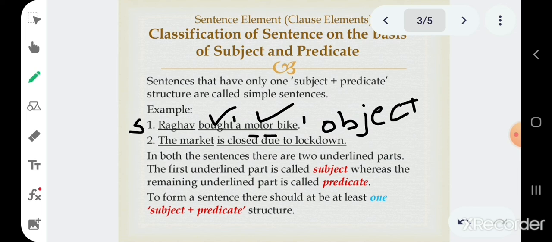Subject, verb, object. The combination of such sentence elements is called a sentence, and the subject and the remaining portion is called the predicate. This is the structure. A simple thing. It's not to be made complicated.